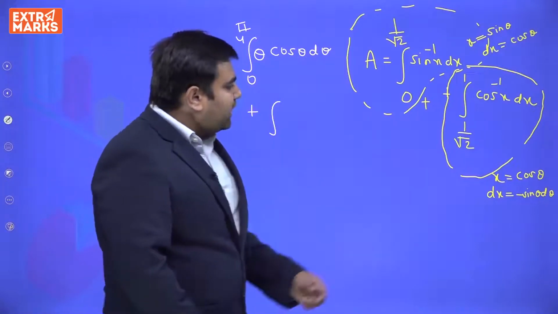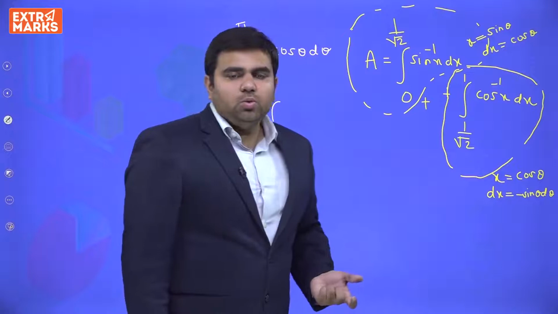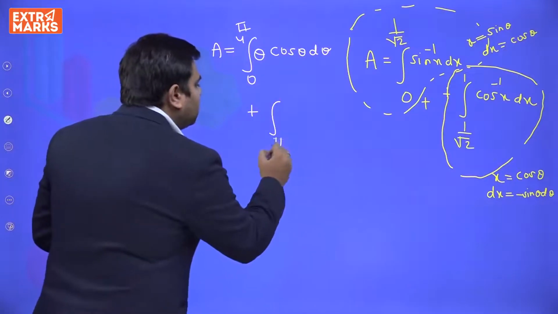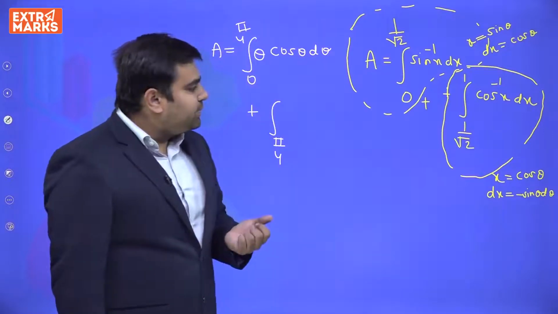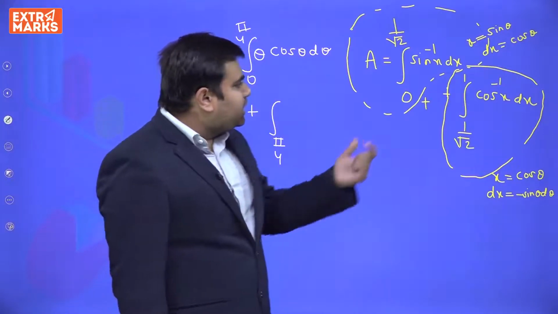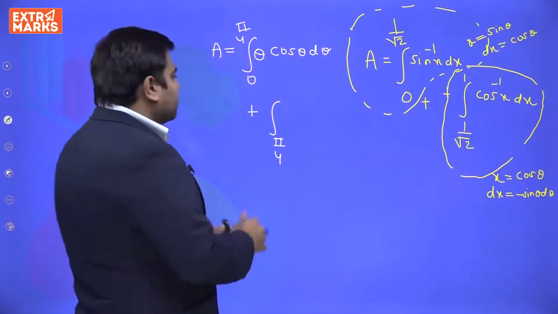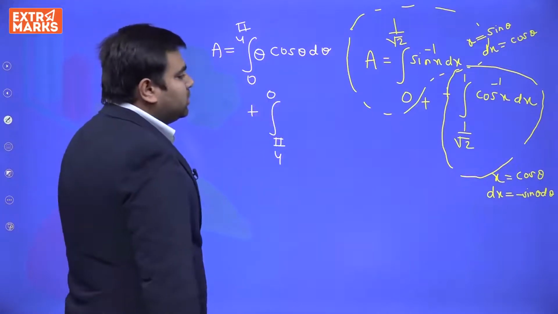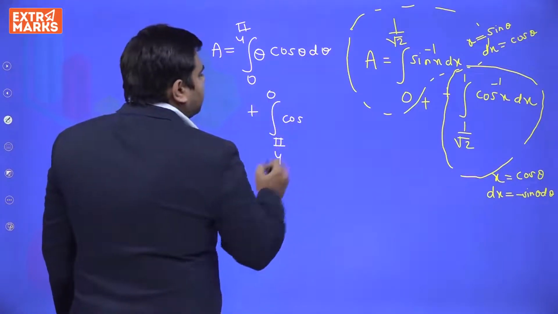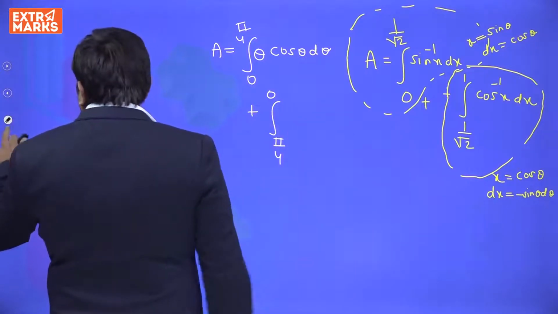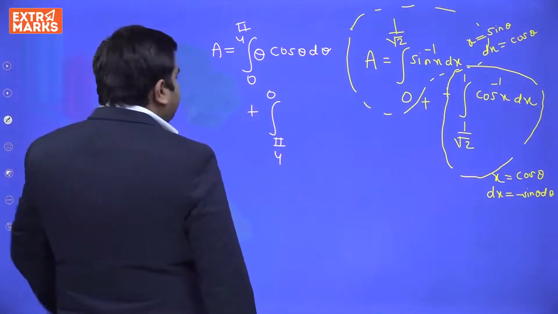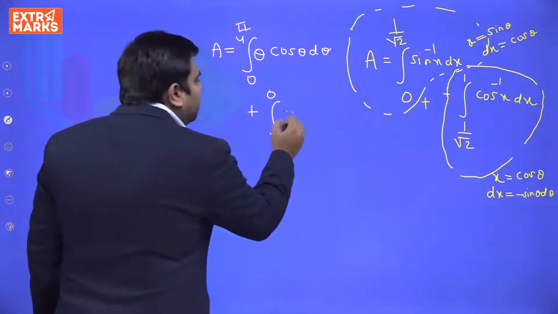Now if I substitute x equal to 1 by root 2, theta will be pi by 4. And if I substitute x equal to 1, the value of theta will be 0. So this is pi by 4 to 0 cos inverse cos theta. Again cos inverse cos theta between 0 to pi by 4 is theta only.